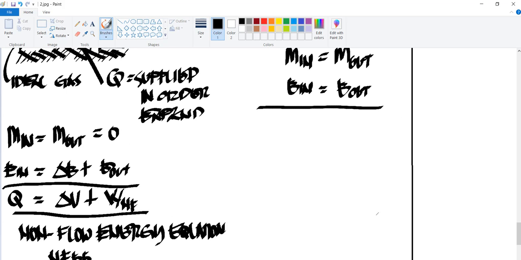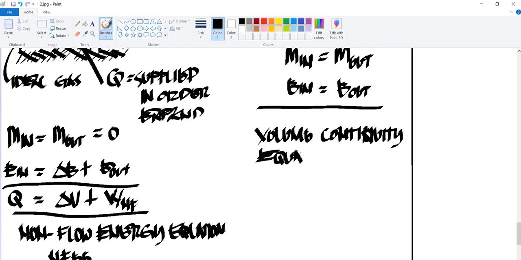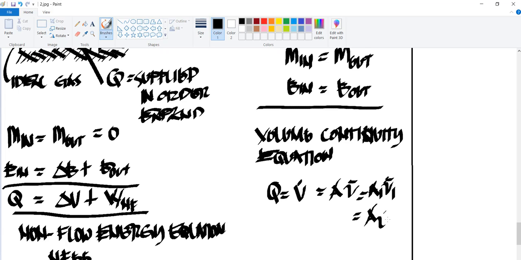So for the volume continuity equation, we have your Q, which sometimes can be expressed as area times velocity, equal to area 1 times velocity 1, which is equal to area 2 times velocity 2. So that is the continuity equation.